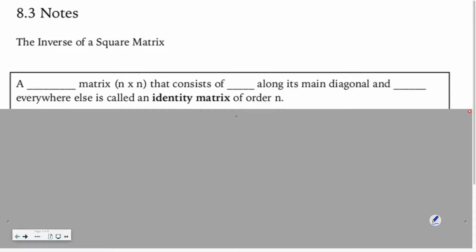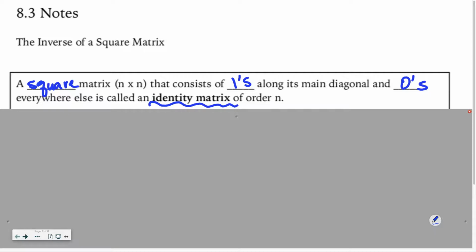So an identity matrix is a square matrix, same number of rows and columns, that consists of ones along the main diagonal and zeros everywhere else. Sort of sounds familiar. But now we're not talking about an augmented matrix that represents a system.